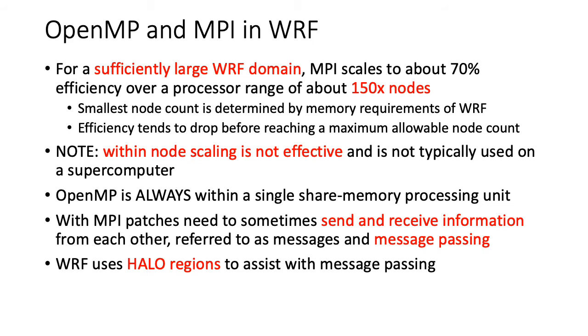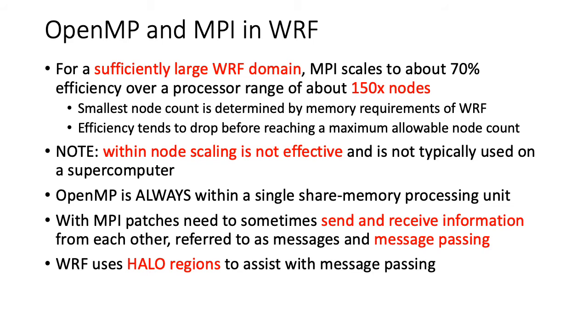So for a sufficiently large WRF domain, MPI can scale out to about 70% efficiency over a range of about 150 times a factor of nodes. The smallest node count that we're able to use is determined entirely by the memory requirements of the WRF model and the available memory on the machine.